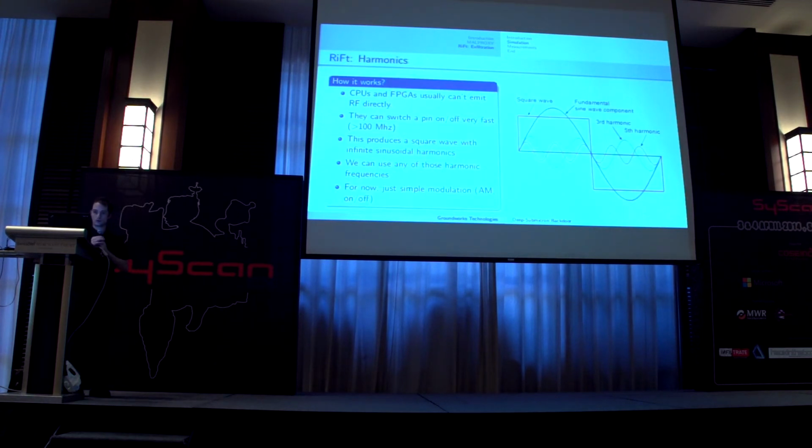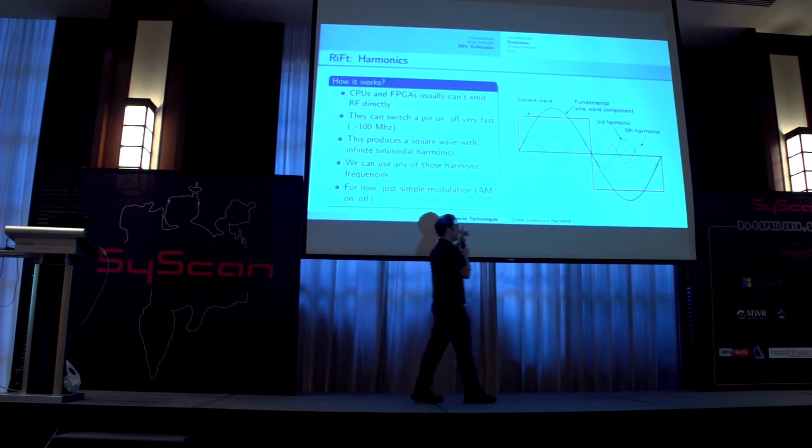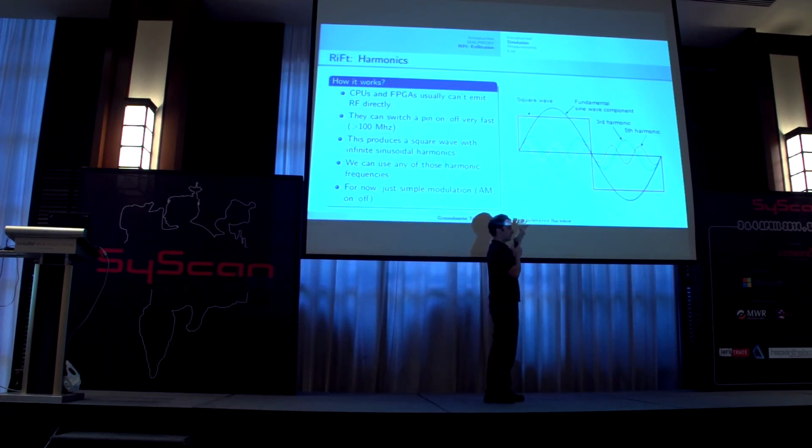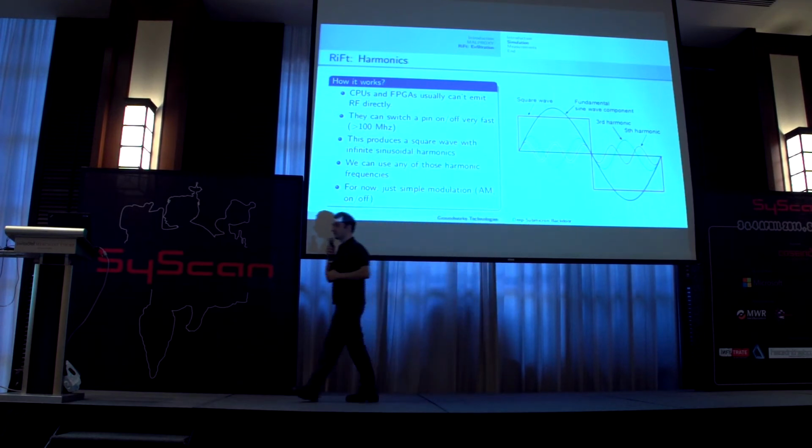So this is how it works. Basically, when you switch a PCB on and off at over 100 megahertz, you send a square wave, but the square wave is actually composed of a lot of harmonics. They are sine waves. This is basically Fourier theory.